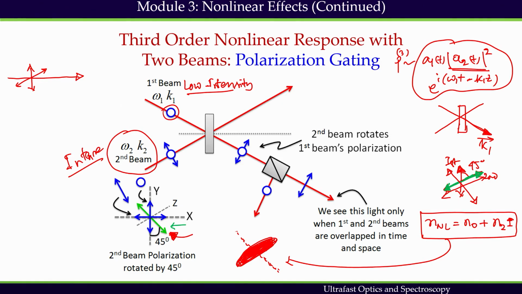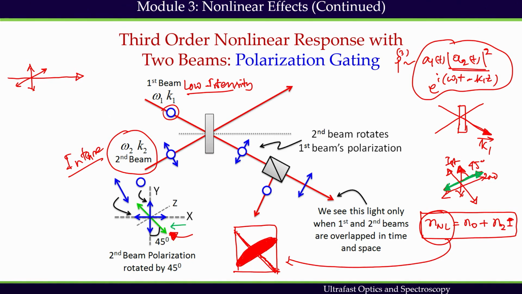In the medium, along a particular direction I have high intensity, and this high intensity is giving higher nonlinear refractive index. So along this direction, the medium is giving a different refractive index as compared to this perpendicular direction. And because of that difference, the medium can behave like an anisotropic medium.